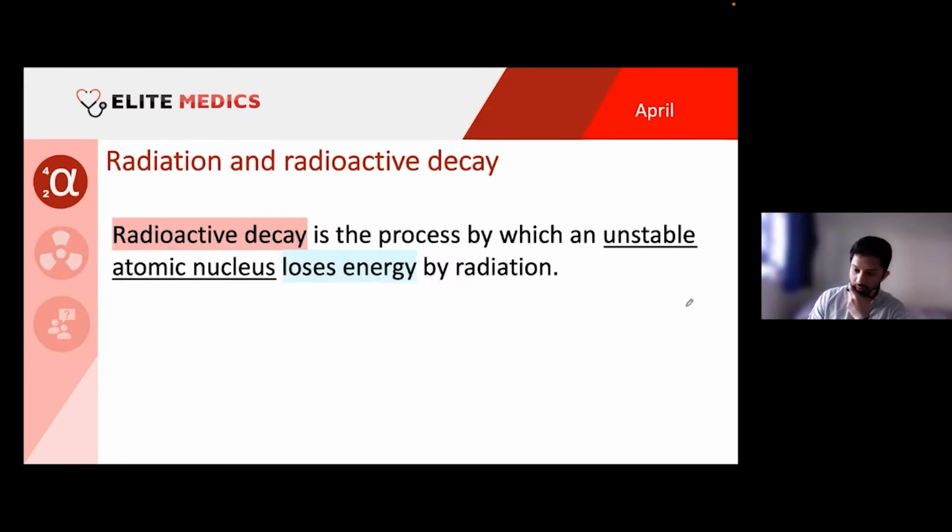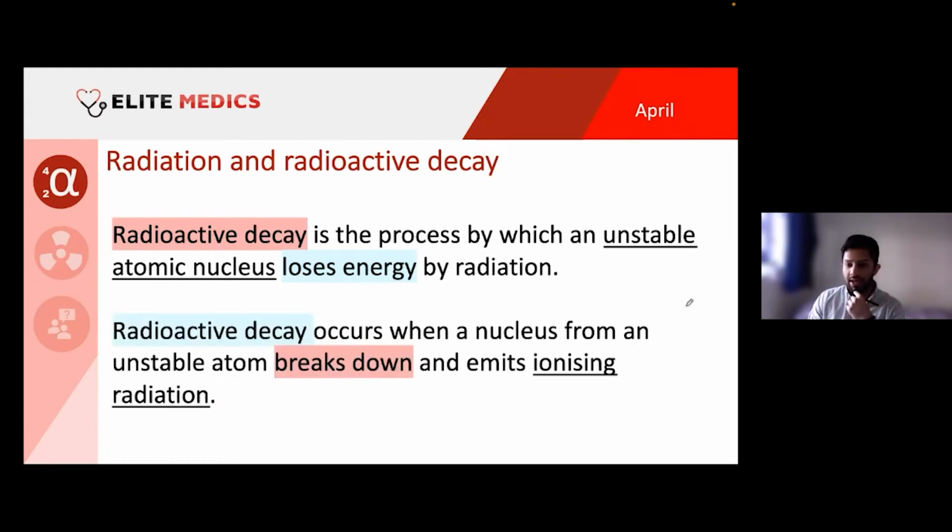Okay, so radioactive decay is the process by which an unstable atomic nucleus loses energy by radiation. If a nucleus has loads and loads of protons compared to the number of electrons, or loads of electrons and not enough protons, the nucleus is unstable.